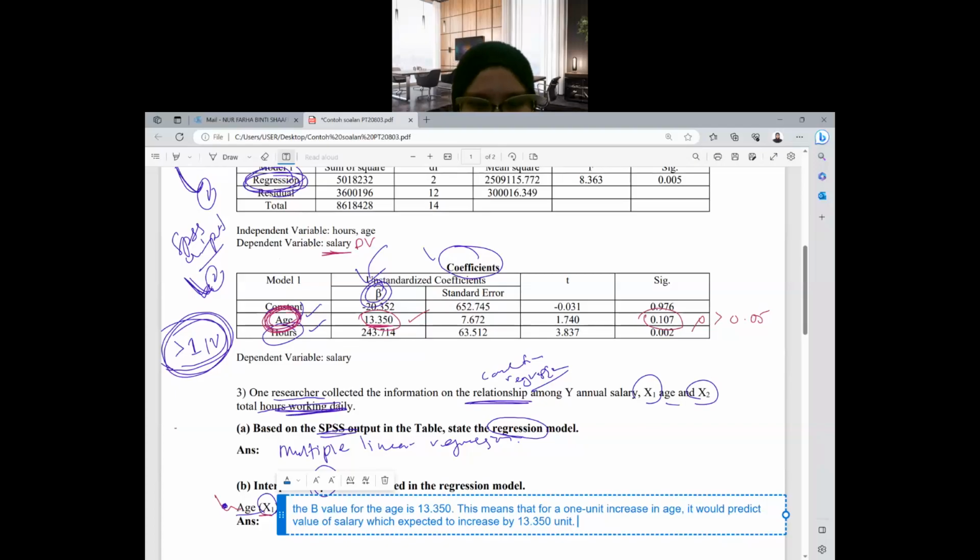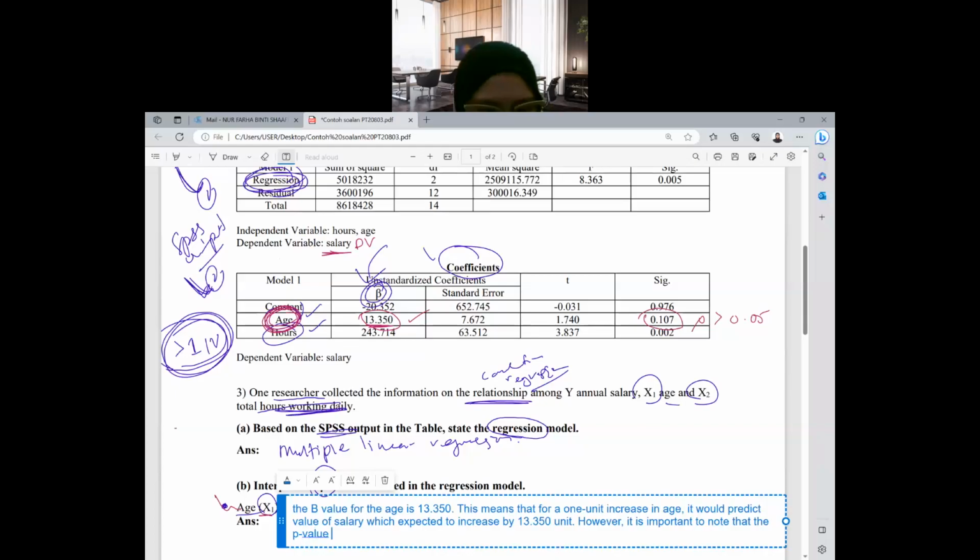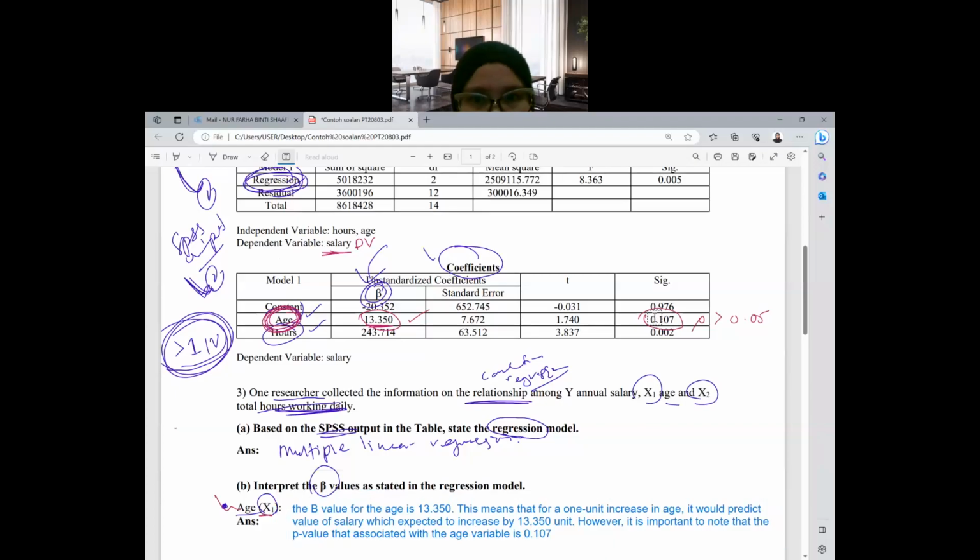However, it is important to note that the p value associated with the age variable is 0.107, this one. Okay, so continue.